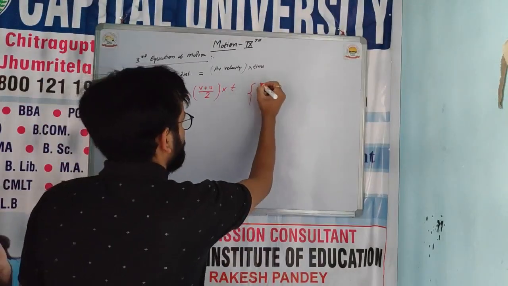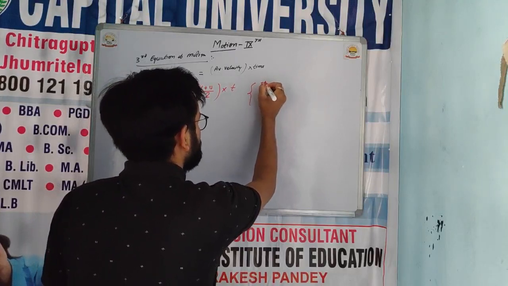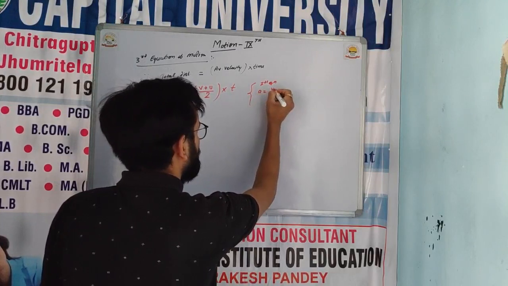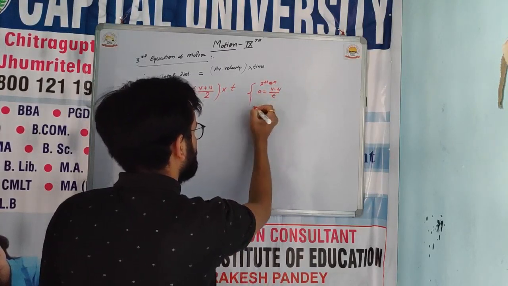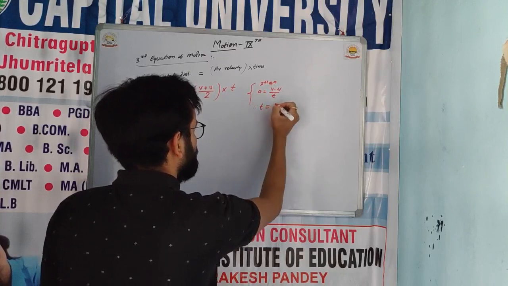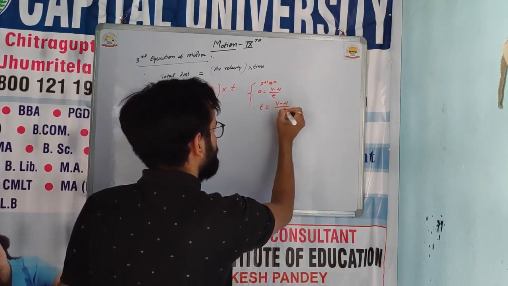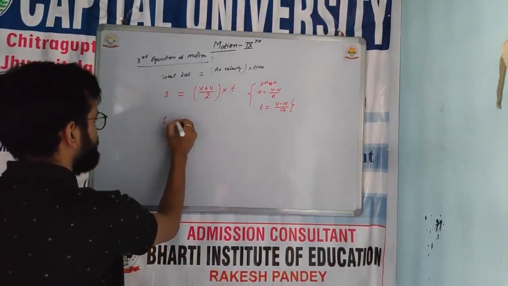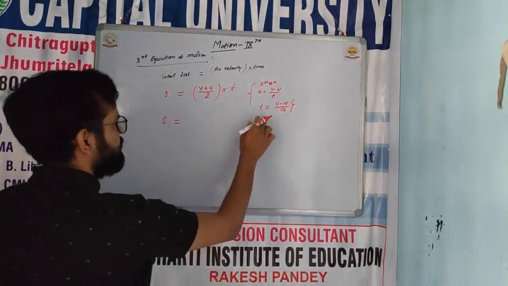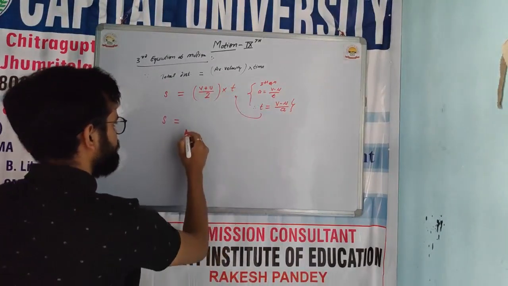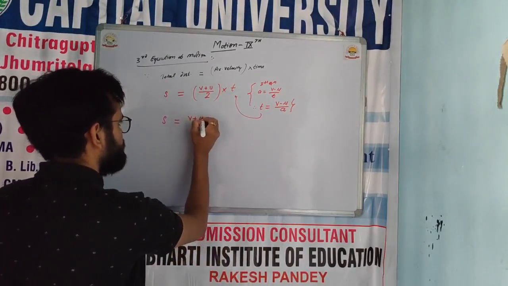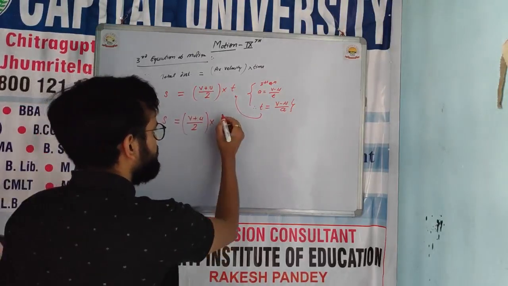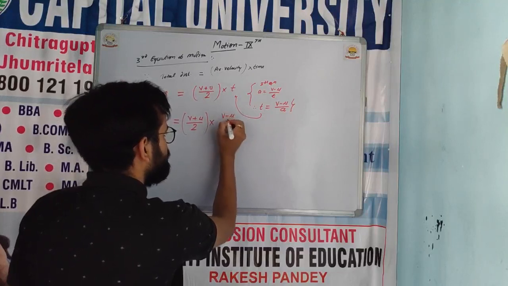Again, from the first equation of motion, we know that a equals v minus u by t. Therefore, t equals v minus u by a. Now, on putting the value of t over here, we get v plus u by 2 into v minus u by a.